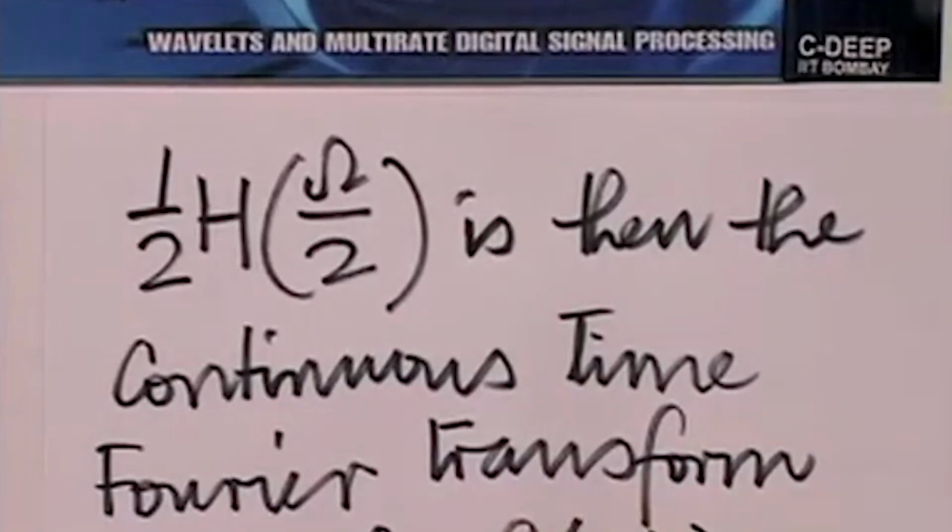That is easy to see, because you have chosen alpha equal to half there. What do you mean by h of 2t? H of 2t means you have squeezed h t by a factor of 2 on the time axis, on the independent variable. So, you have brought the impulses closer.